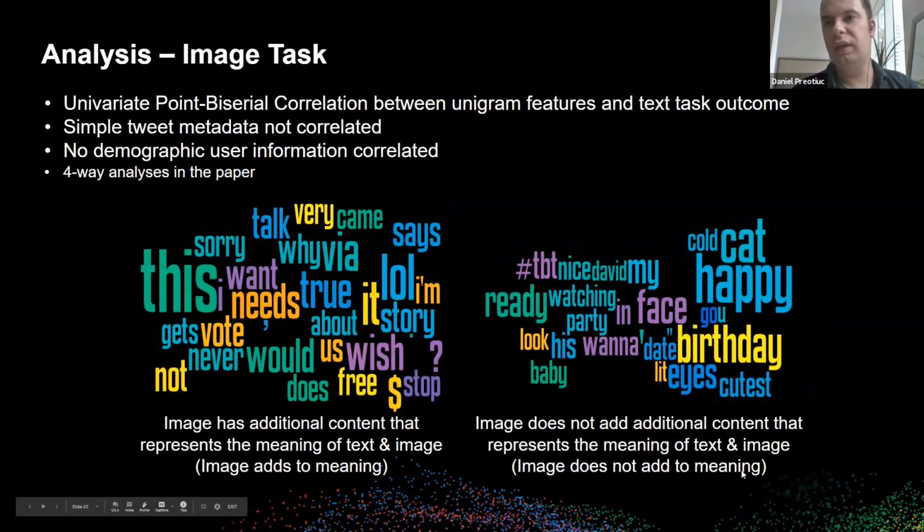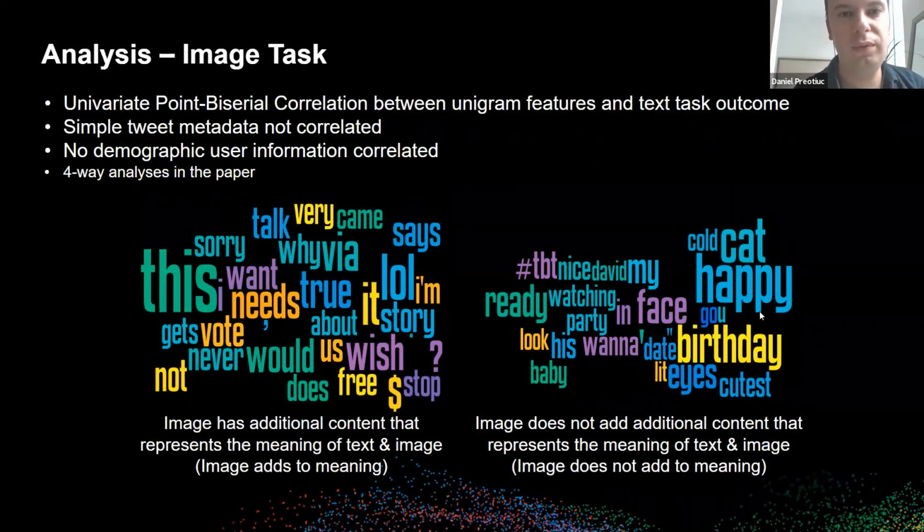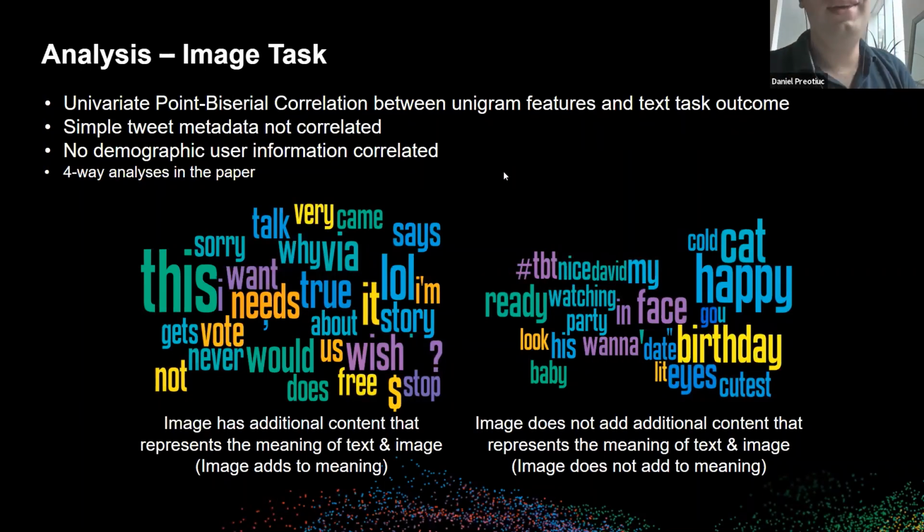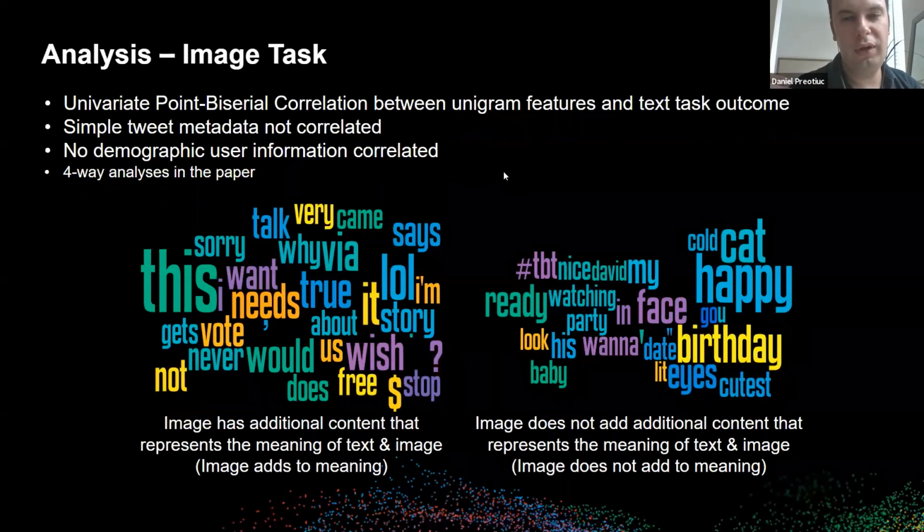When the image doesn't add to the meaning, a lot of these are like happy birthday to a person, and then the person is illustrated, like what we saw with pens in the example. We also see a nice validation here around TBT, Throwback Thursday. Anyway, this is basically a hashtag where people show an image and then explain it. So this is a nice validation of this.